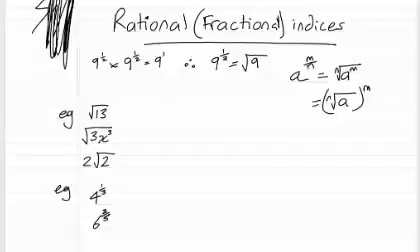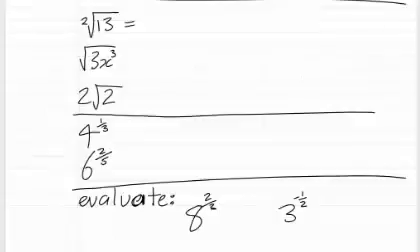with fractional indices. So the square root of 13, if you want to write that with a fractional index, the power of 13 is 1. The order of the radical, of the root, is 2. Sorry about the glitch, I lost my numbers there.